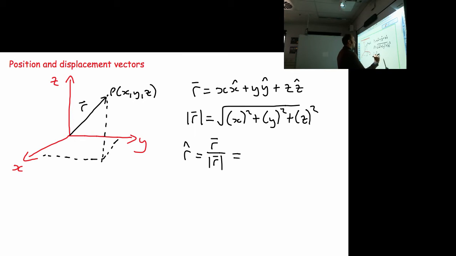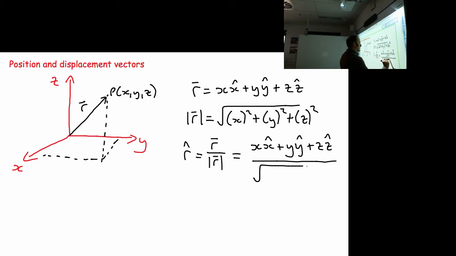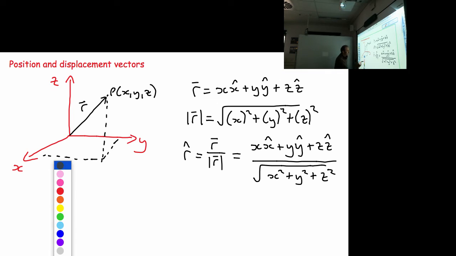So that is equal to x x hat plus y y hat plus z z hat divided by the square root of x squared plus y squared plus z squared. And this unit vector r hat points radially outwards.